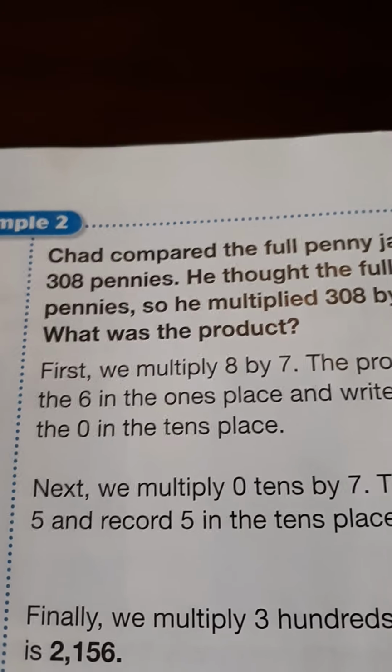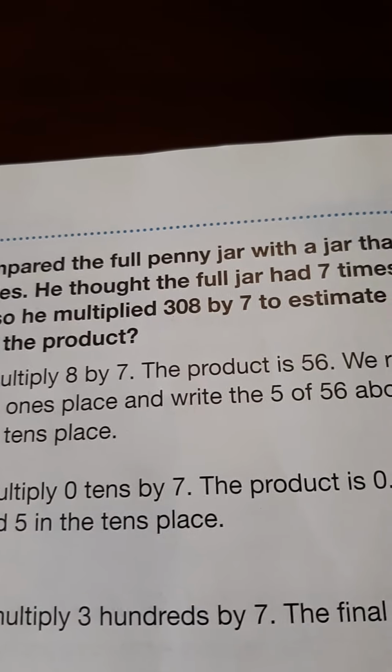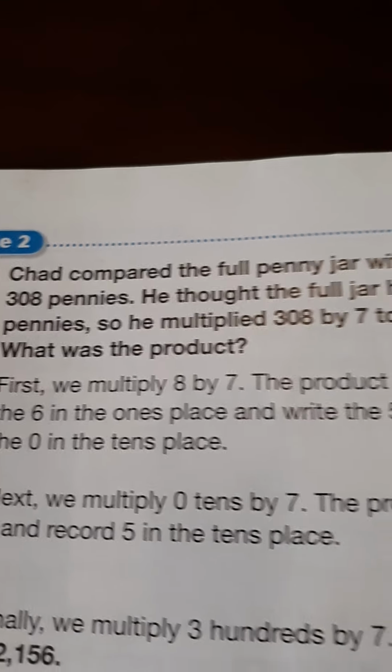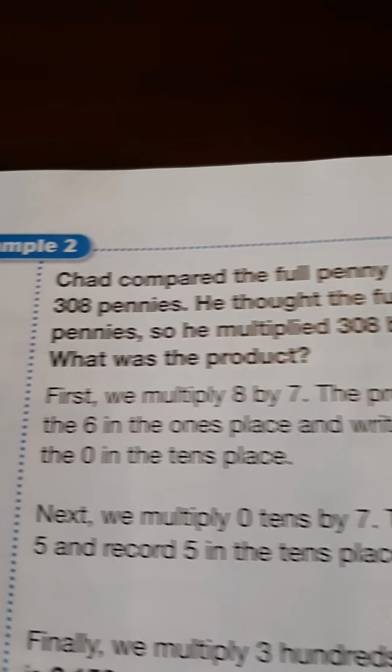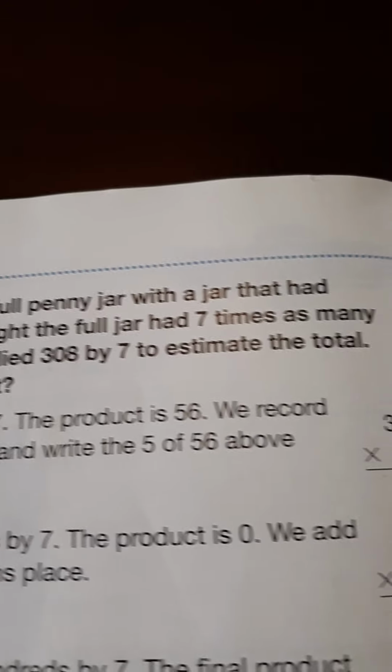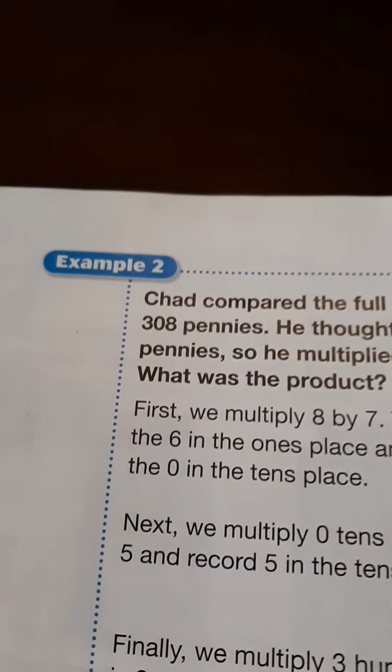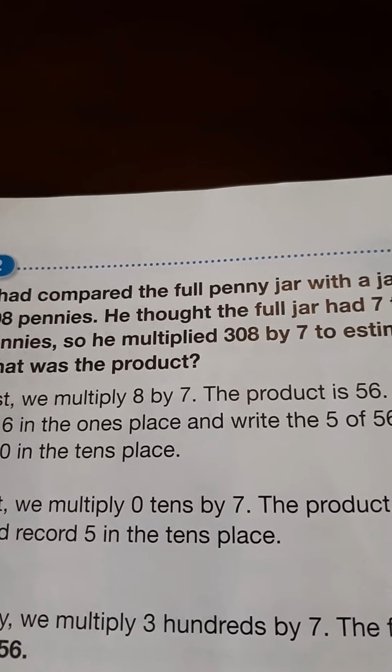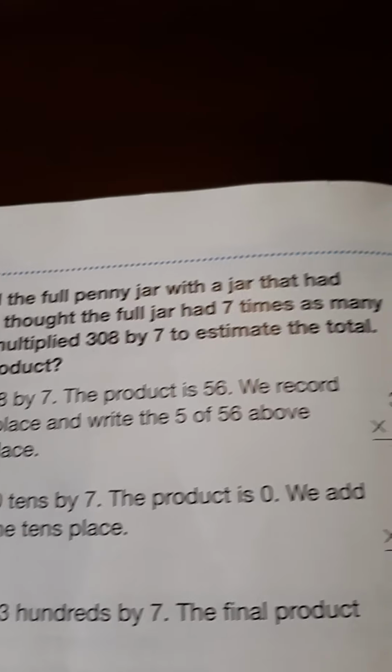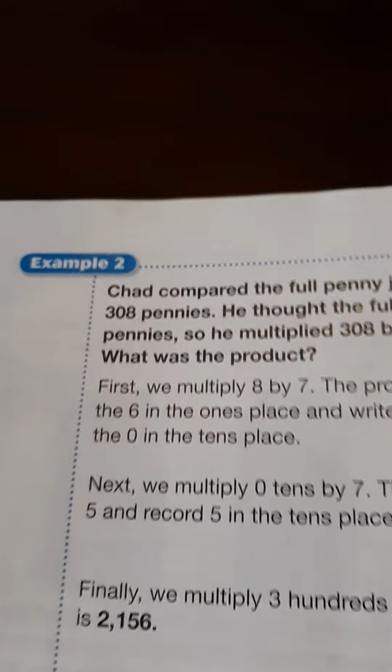Okay, and then here's another example on the next page. Chad compared the full penny jar with a jar that had 308 pennies. He thought the full jar had 7 times as many pennies, so he multiplied 308 by 7 to estimate the total. What was the product?